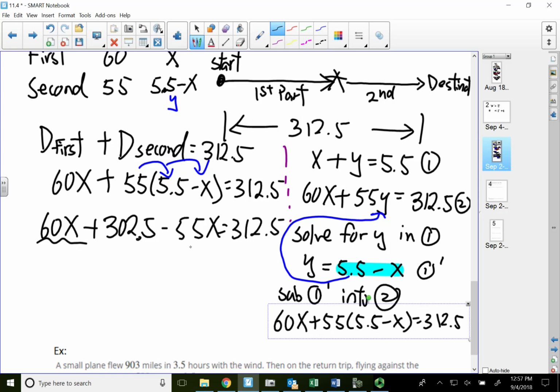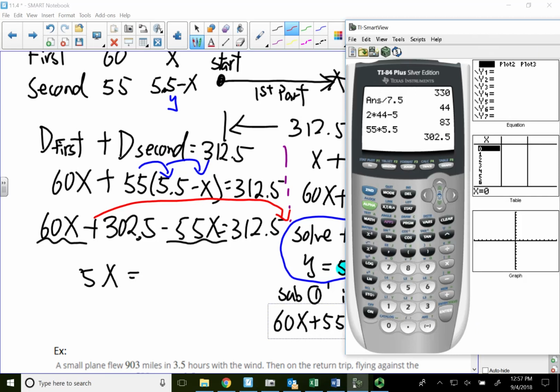Combine like terms: 60 minus 55 is 5x. Let's move my positive 302.5 to the other side. That becomes subtract. So 312.5 minus 302.5.